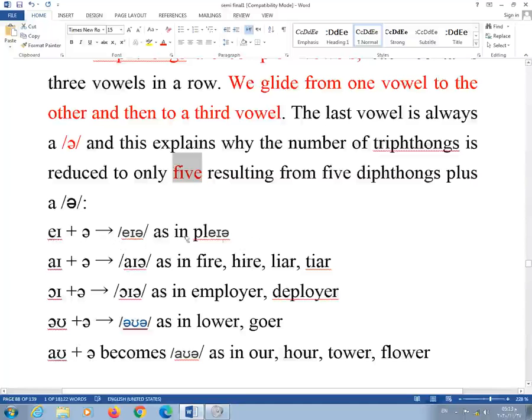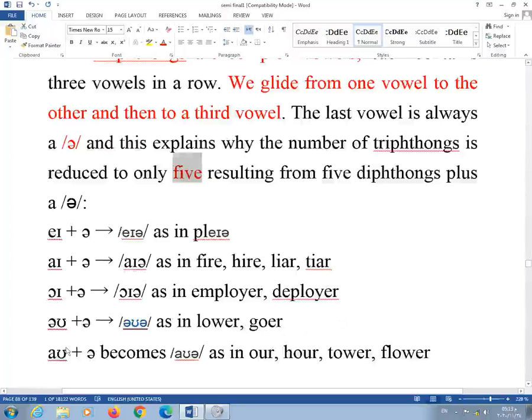Okay, as in player. I plus schwa, as in fire, higher, liar, tire. OI plus schwa, as in employer, deployer. O plus schwa becomes ower, as in lower and goer.